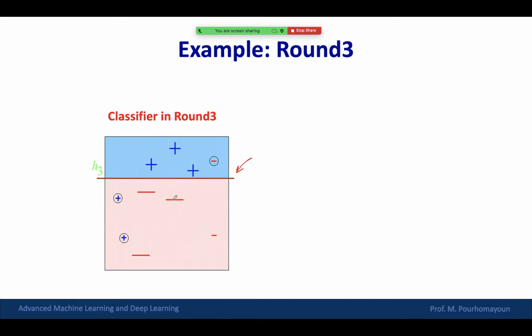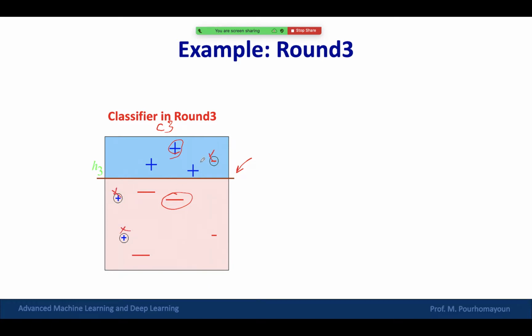Now this is the third classifier, classifier 3. Because the weight of these samples was pretty high, it learned to classify them correctly and now misclassified these samples.